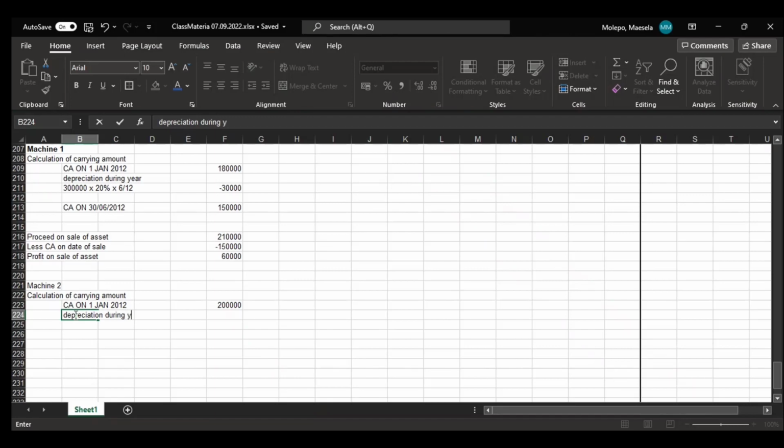Let's calculate it. They say depreciate at 20% straight line, and its cost was 500,000 on January 2009. On 30 April the machine was withdrawn.